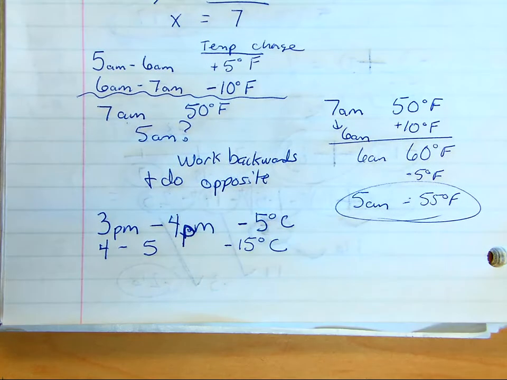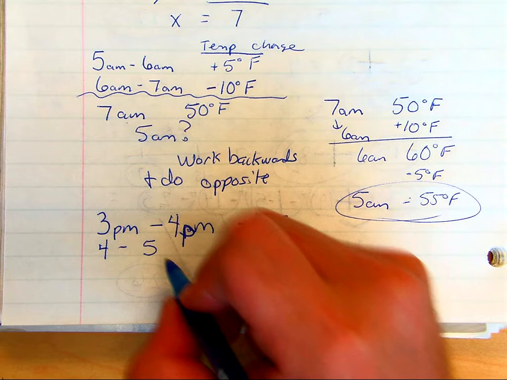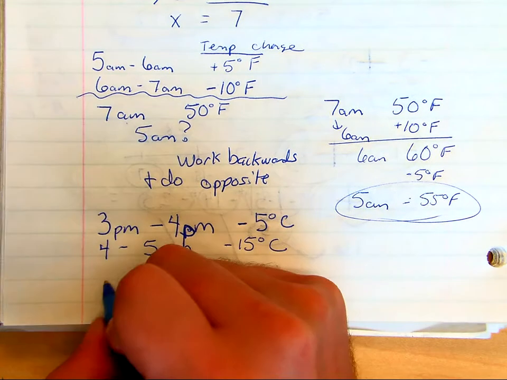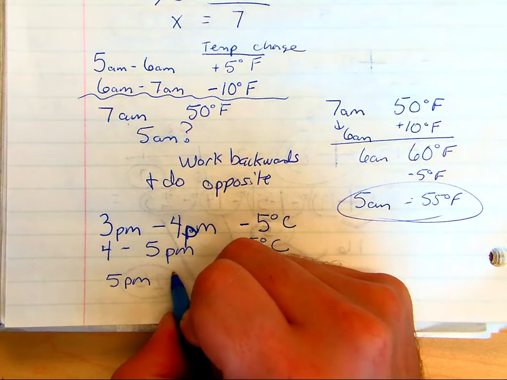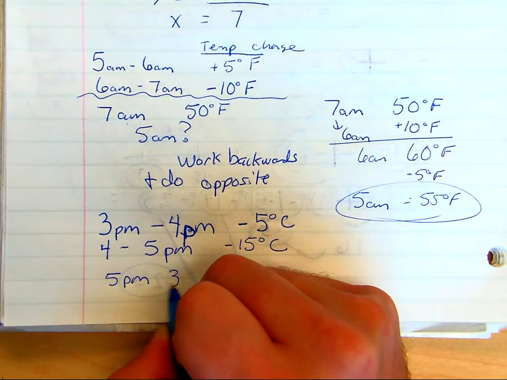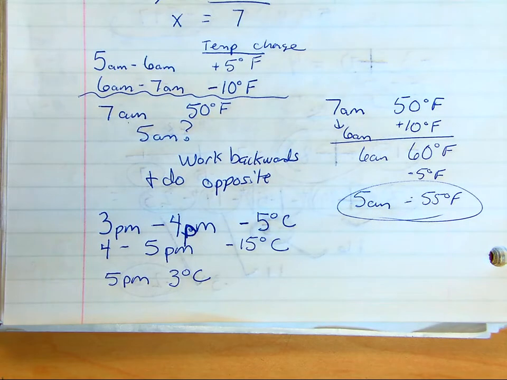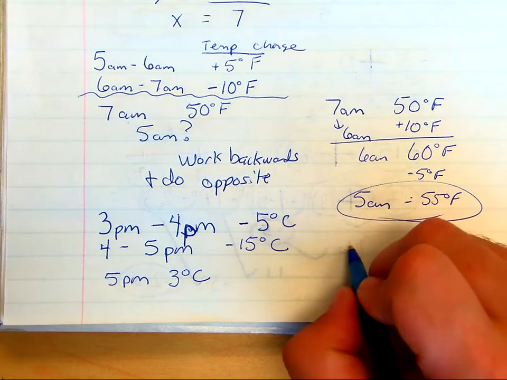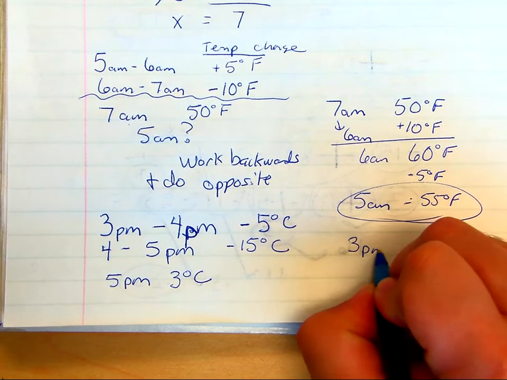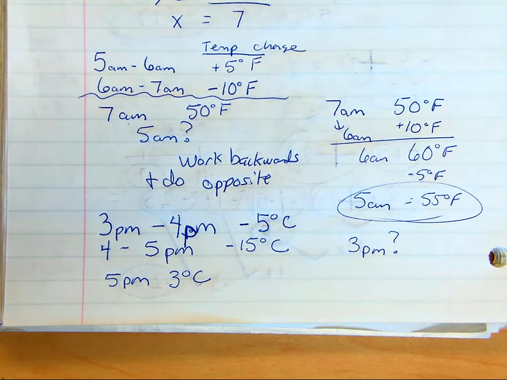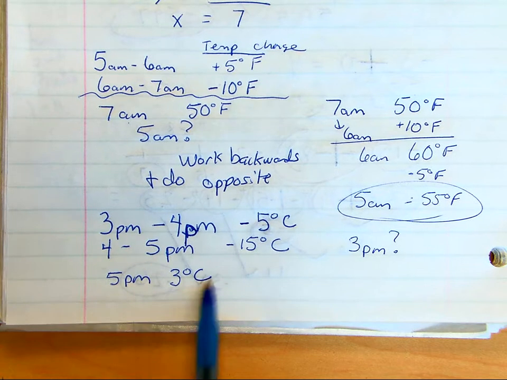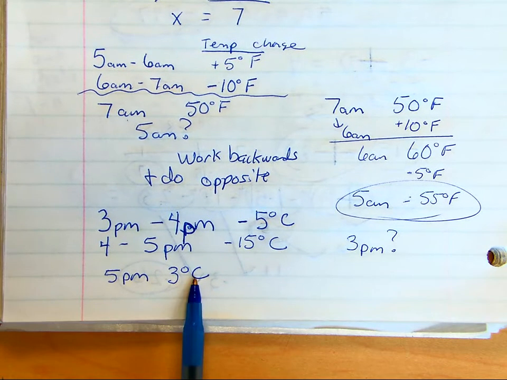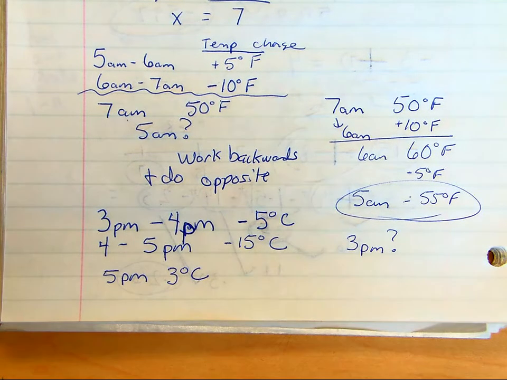So something happened, a snowstorm came in. And we're saying at 5 p.m. the temperature was 3 degrees Celsius. We want to know what is the temperature at 3 p.m. So again, since they're giving me the end time, I have to work backwards and do the opposite.